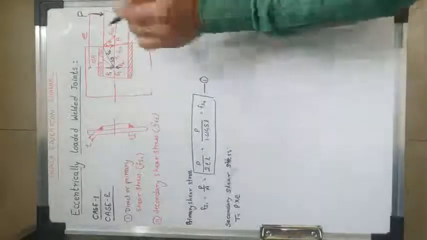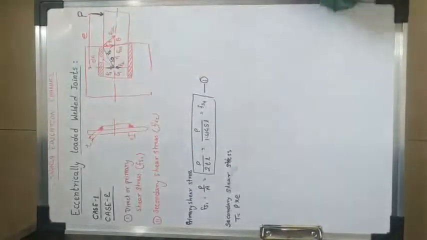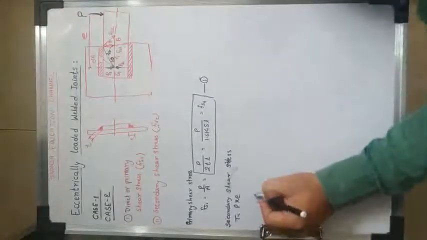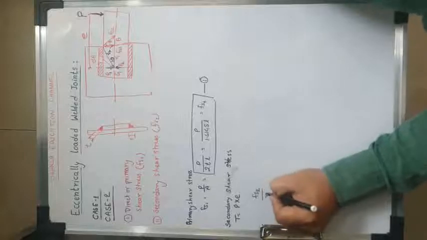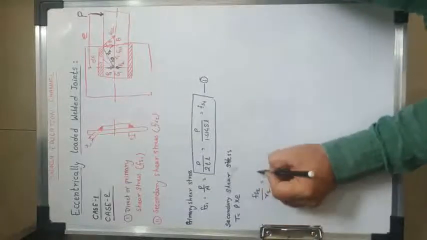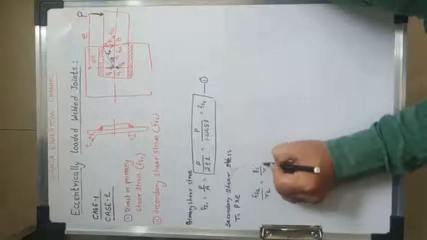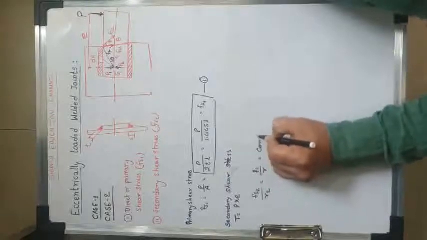So stress is dependent on radius especially and degree. So how can you write? Fs2 upon R2 is equal to Fs upon R is equal to constant.